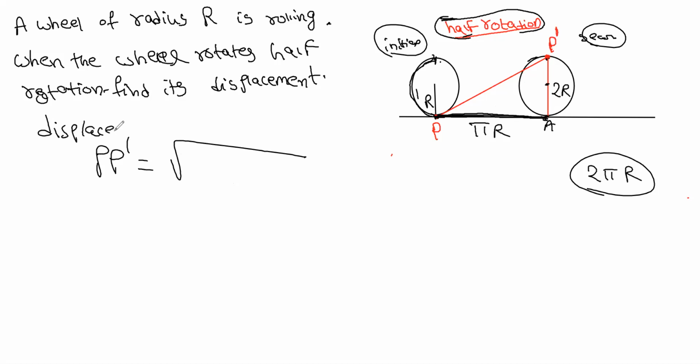When it rolled over here, this distance is the half of the circumference, that's why this distance we got as pi r. 2 pi r by 2 equals pi r, which is half of the circle's circumference. Now this is the Pythagoras theorem, so under root of, tell me what we have to do.